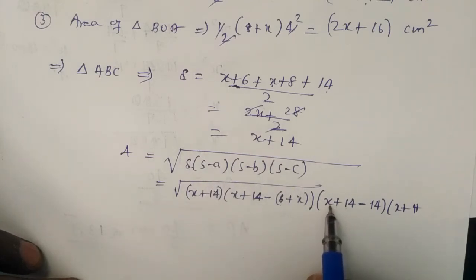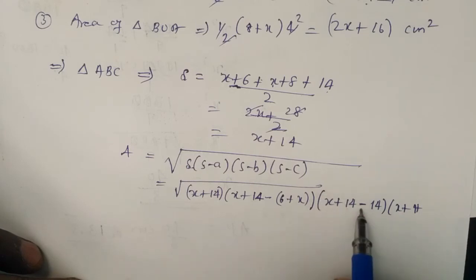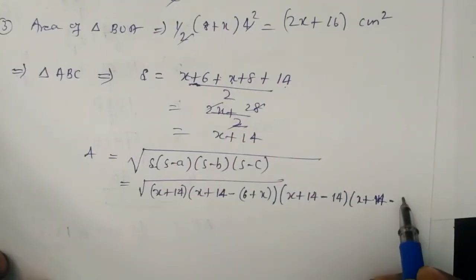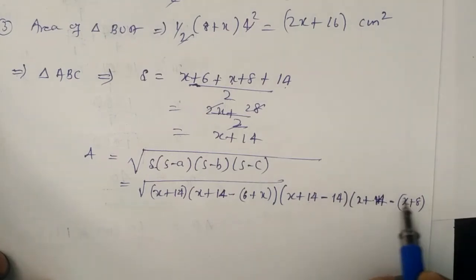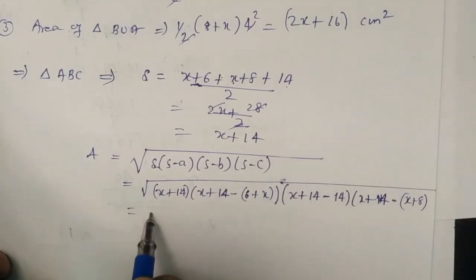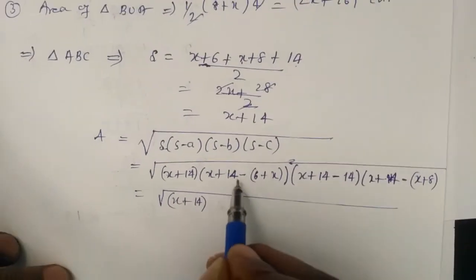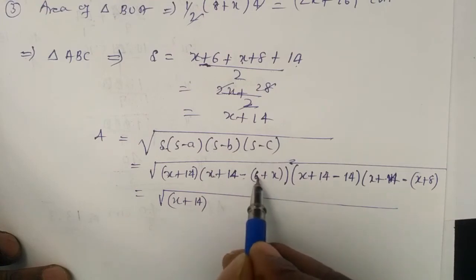Again x plus 14 minus b, the second side 14. Again x plus 14, the s value, minus c, the third side, is x minus 8. x minus 8 is a binomial, so write it in a bracket. Now under the root, x plus 14 minus x minus 6.